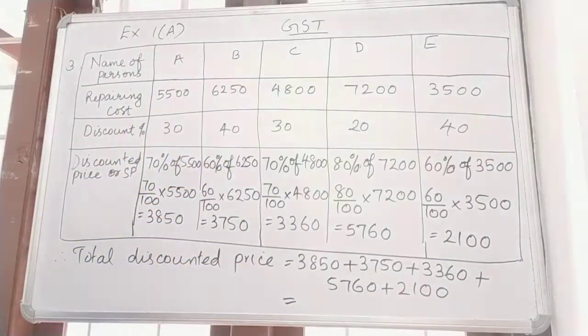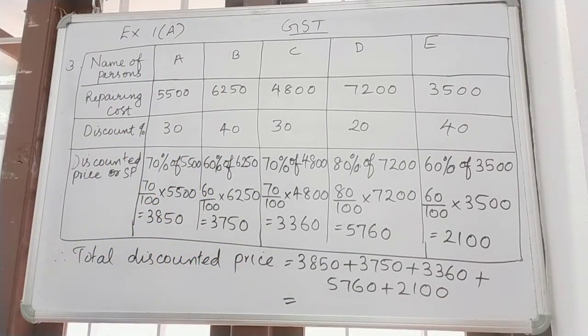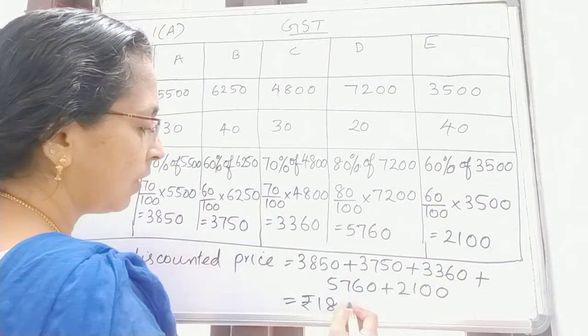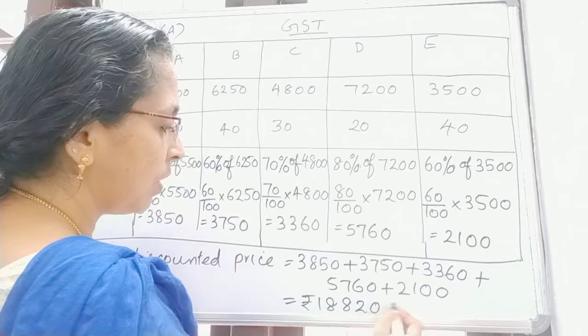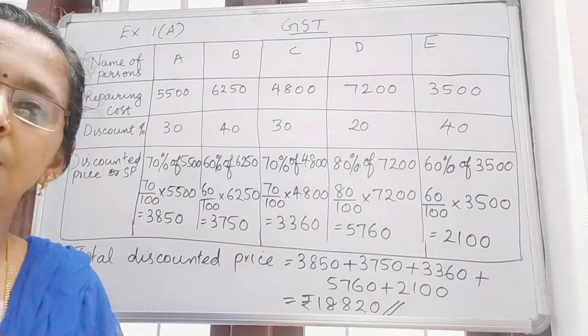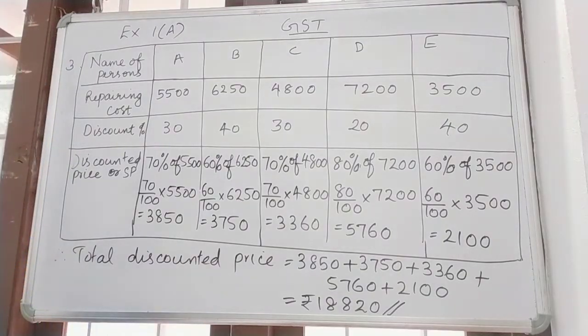You will get it as 18,820 rupees. So now we got the total discounted price.